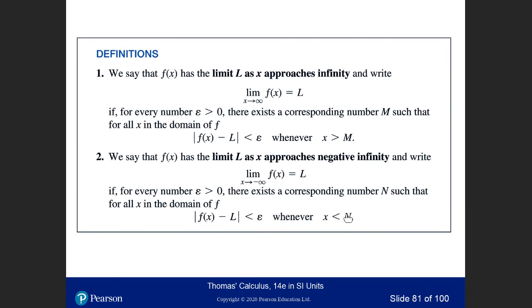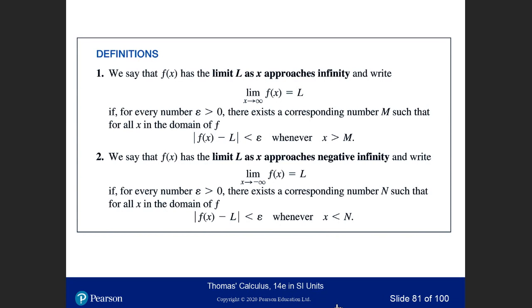And here n should be a big negative number, a negative number with a big absolute value. So that tells me that as I approach minus infinity, f of x minus L will become 0. The limit will become 0. So that's limits at infinity.